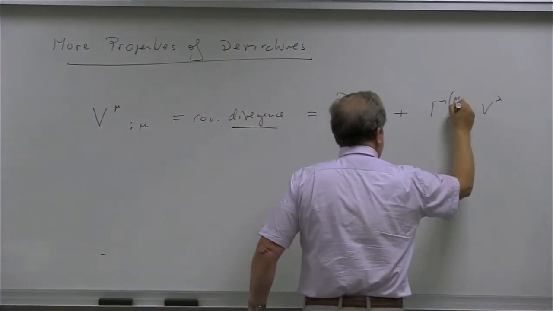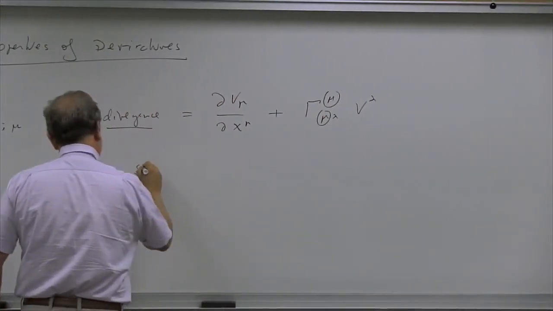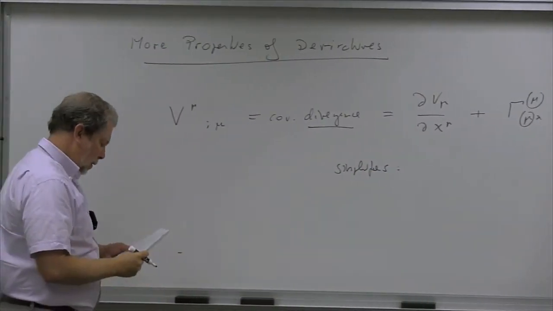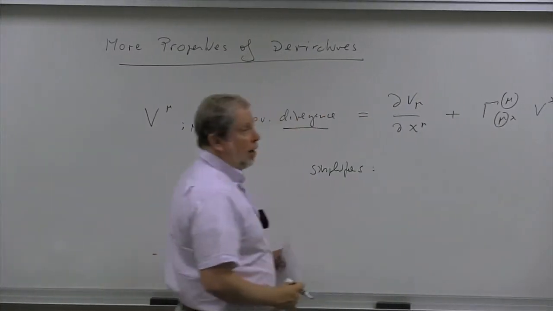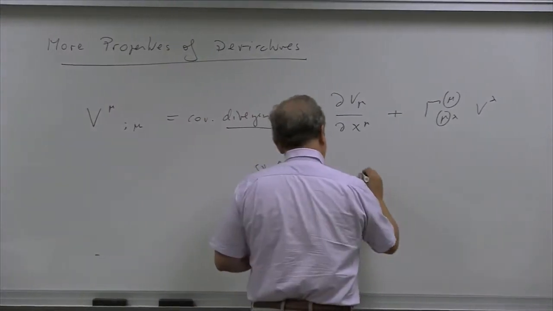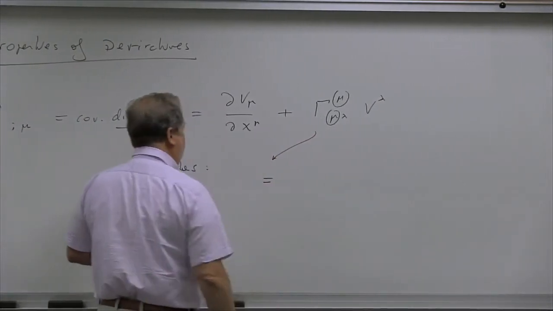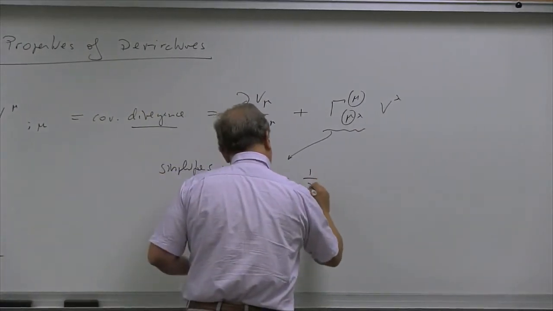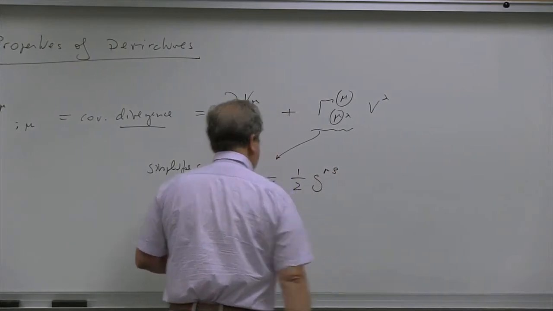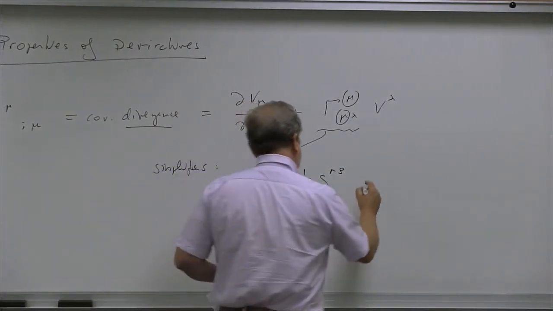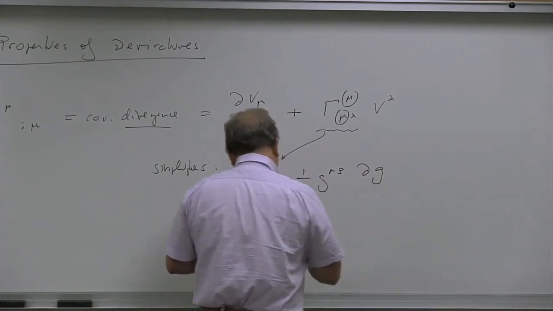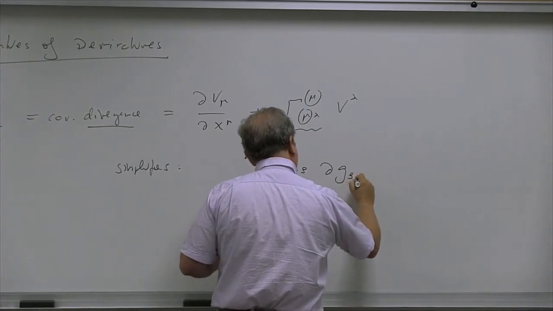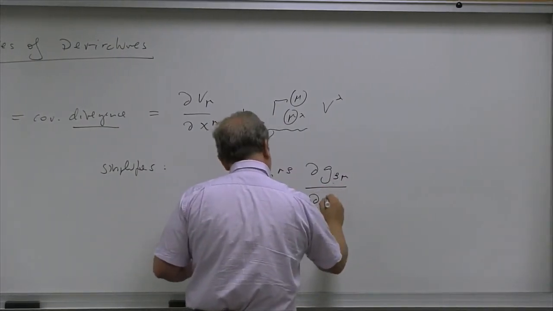Now, because the two indices are the same, this simplifies. You can look at the definition of the affine connection, and the gamma part itself is just equal to 1/2 g mu rho times one derivative of the g, so the derivative of g mu rho, or rho mu, with respect to x lambda, right?